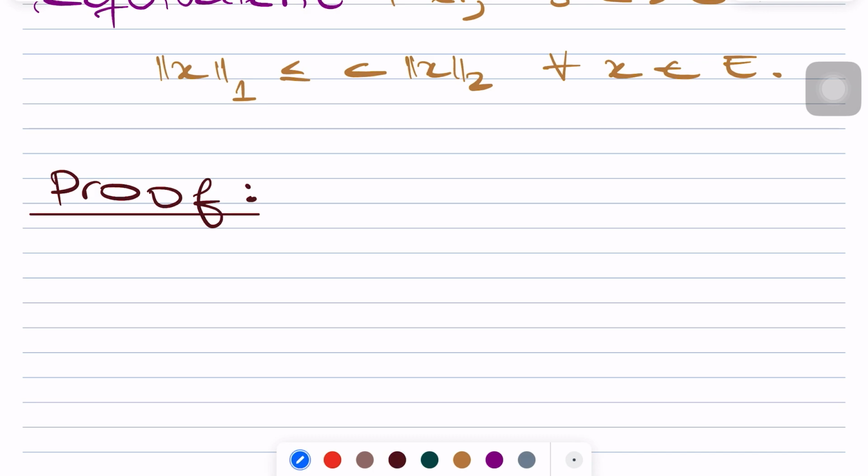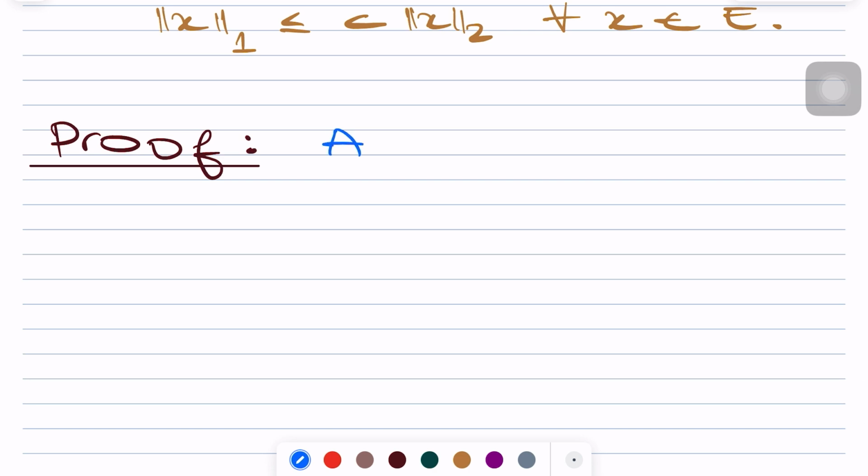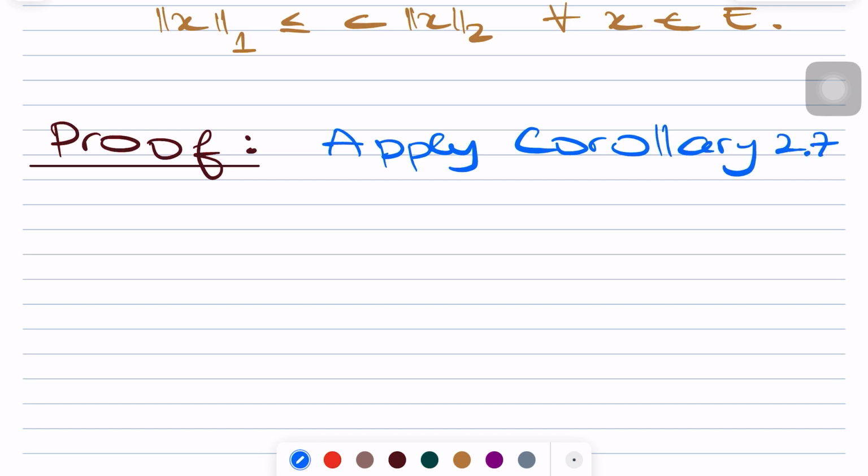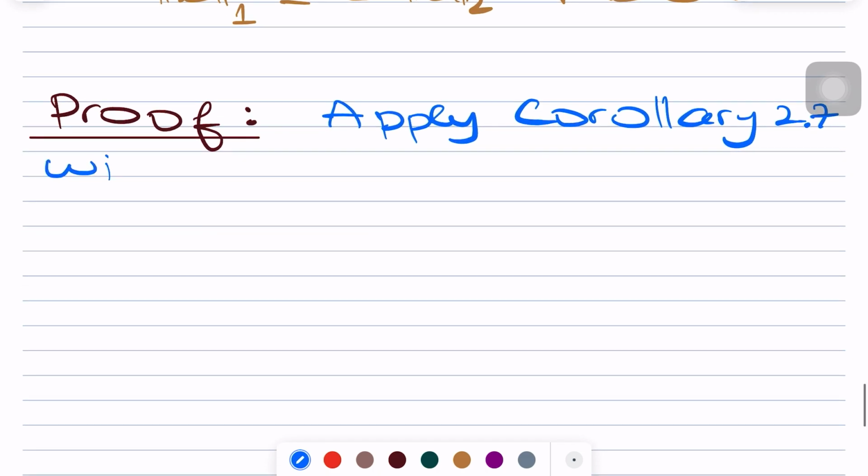So you apply corollary 2.7, and now we need to define the spaces. It looks like a tautology.